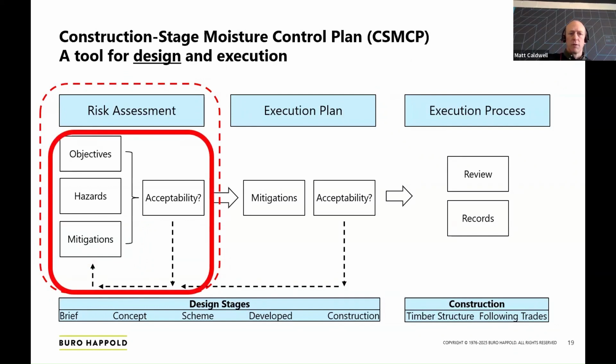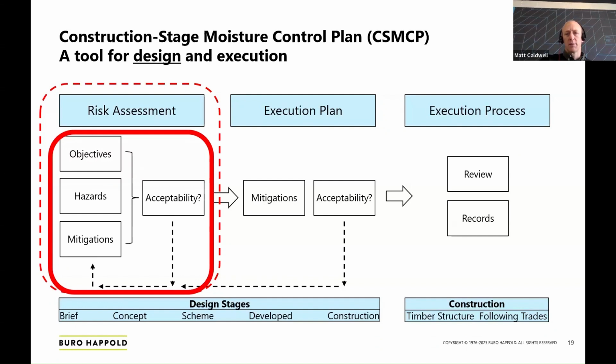So in each case, you've got your objectives, your hazards, and you evaluate your risks, considering that you've implemented certain mitigations. Then you decide whether those risks are still acceptable, the residual risk. If not, then obviously you loop back.